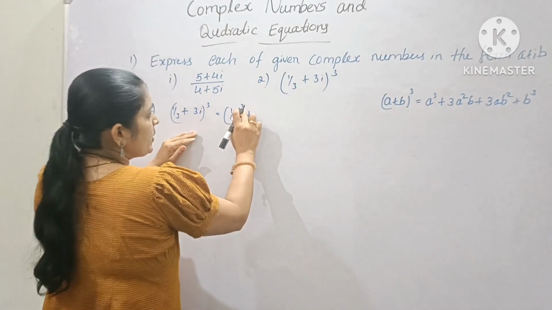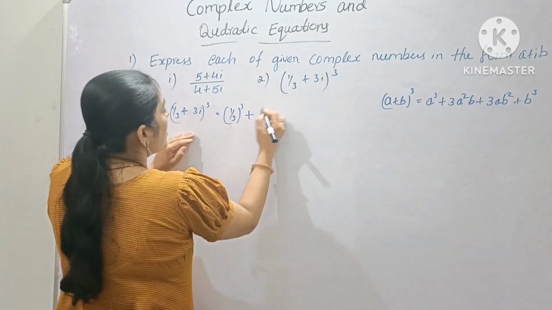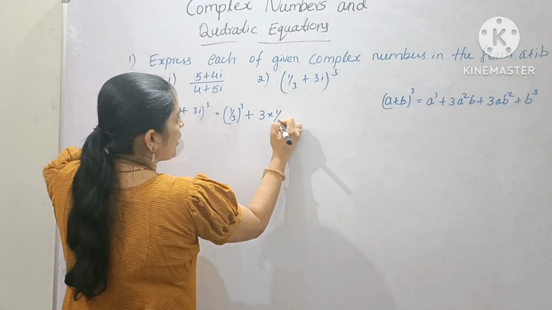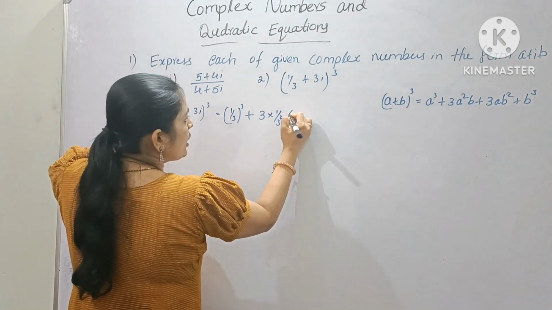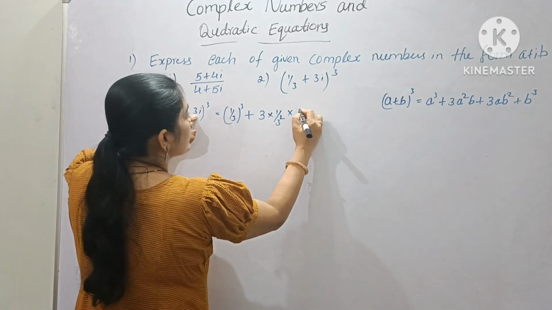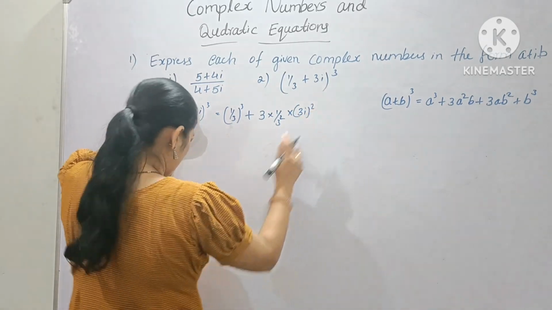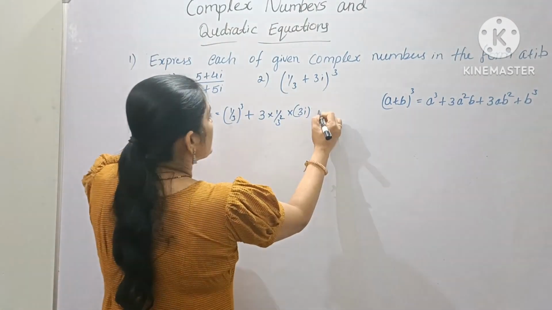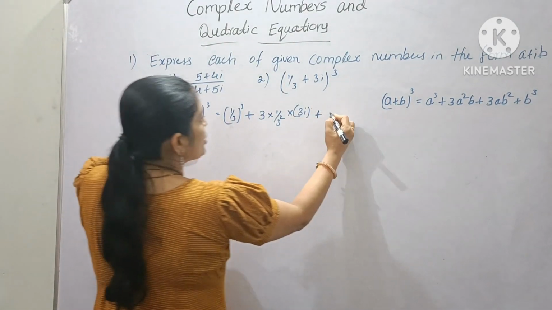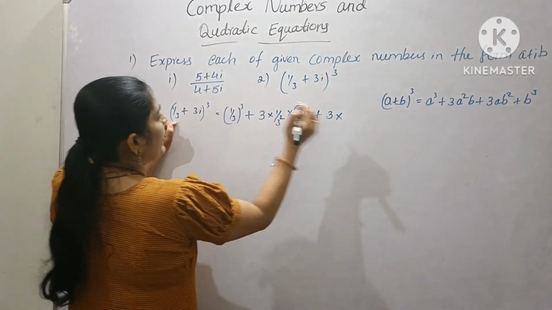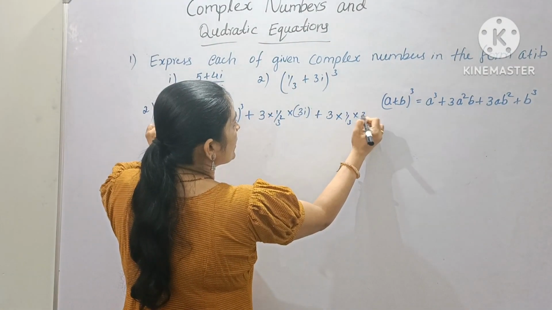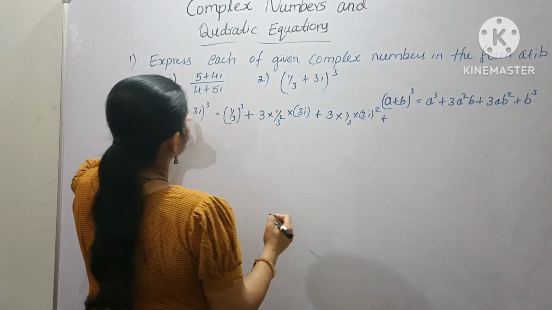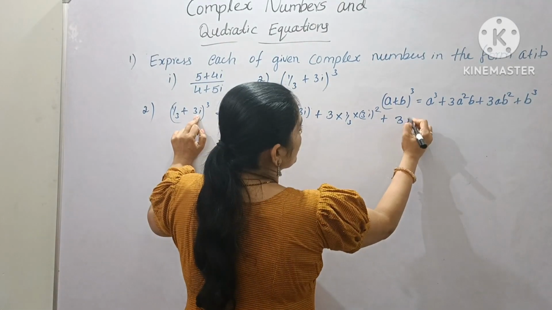(1/3)³ is a³, plus 3a², that is (1/3)² into 3i, that is a²b, plus 3 into 1/3 into (3i)², plus (3i) whole cube.